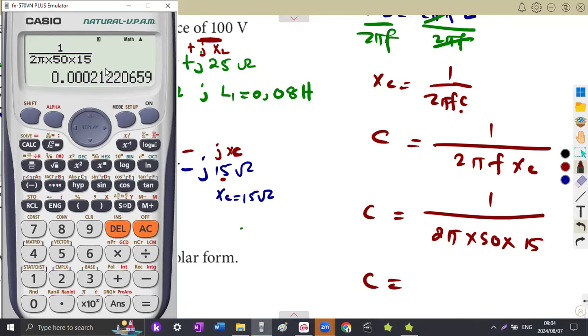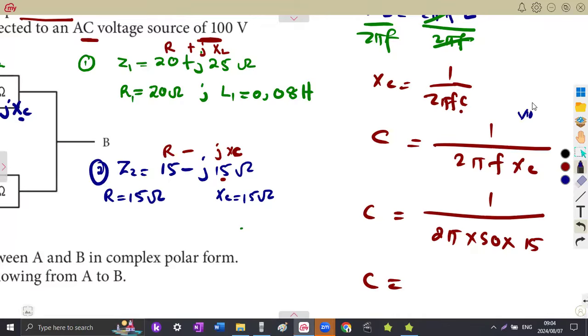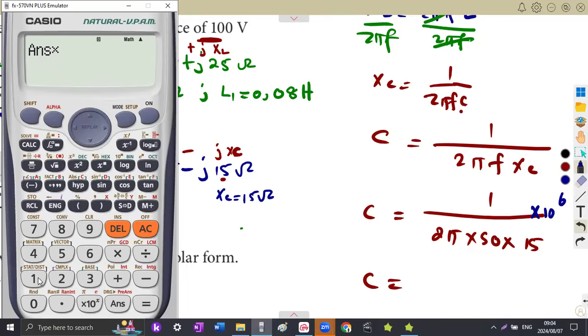Remember that normally capacitance, you round off to the microfarad, and microfarad is 10 to the exponent of -6. So to express that, you multiply by the opposite, which is the inverse, by 10 to the exponent of 6.